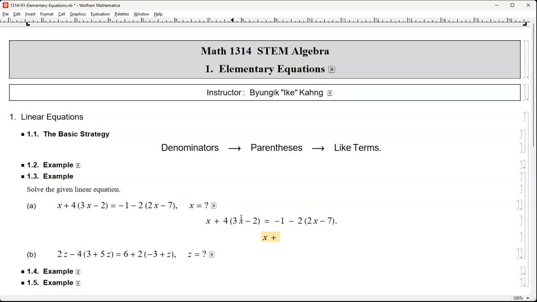And then let's break it up. 4 times 3x, 12x, and 4 times 2, 8. All good? And then right hand side, -1, all right. -2 times 2x, -4x. And then 2 times 7, 14. All good? So basically what did I do?